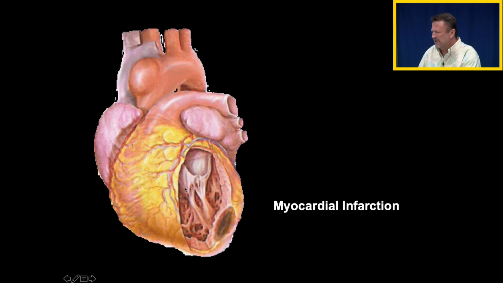All right, so here we've taken a slice through the myocardium so we can see it. And myocardial infarction is a place where the blood vessel supplying that muscle has been blocked, and now we have some cell death in that area, and maybe it's not enough to cause them problems. We have friends that have had myocardial infarctions and they have little dead places on their hearts and they recovered and they do just fine.